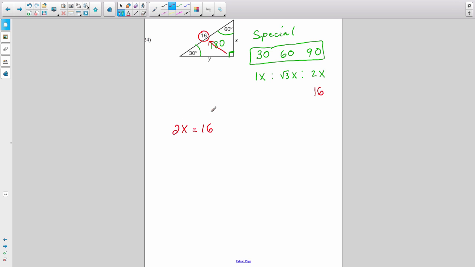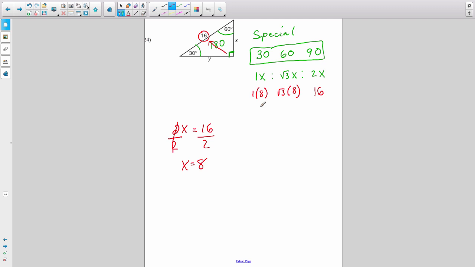If the 2x is 16, then my x is 8. And we're done. It's so fast and really cool. You know everything now. You know this side, it's going to be 1 times 8. And this side is going to be radical 3 times 8.